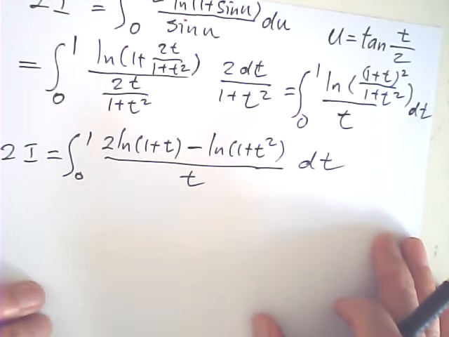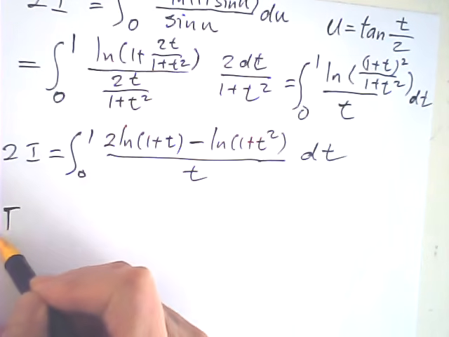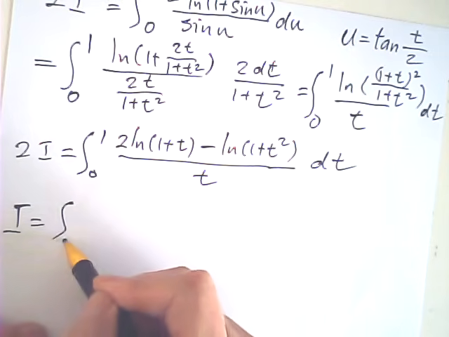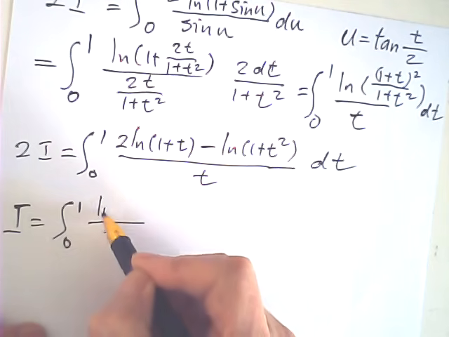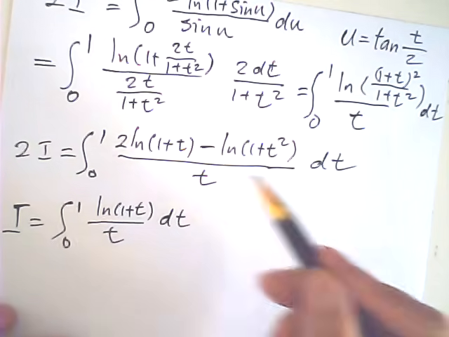Now then, I divide by 2, right? So I is equal to, cancel that 2, I have a 2 integral from 0 to 1, t log (1 plus t) dt. That is the first one.